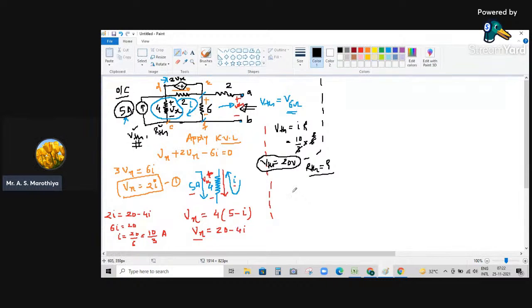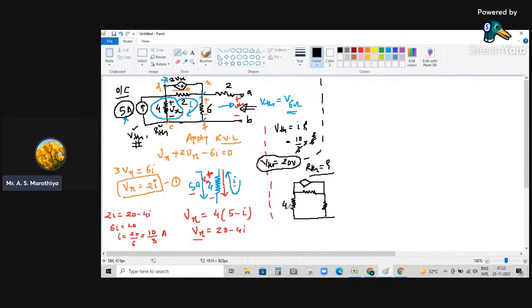It is going to be a 4 ohm resistor, then somewhere over here we have a 2 ohm resistor, and then here we have a dependent voltage source, and then here a 6 ohm resistor.